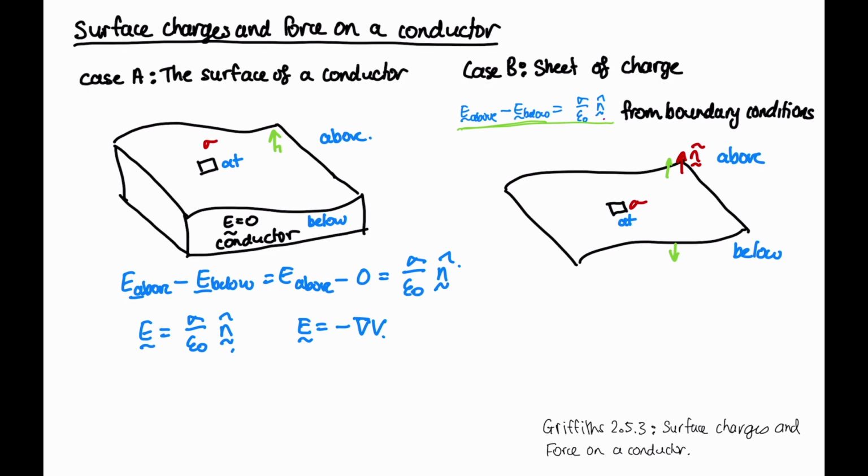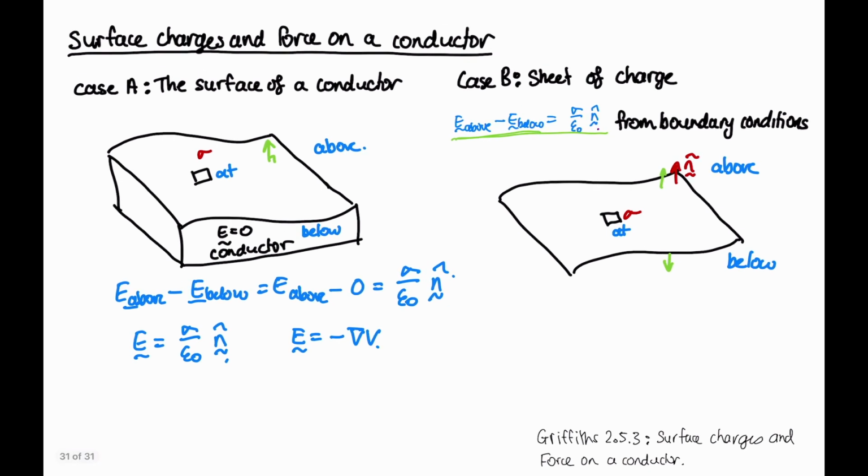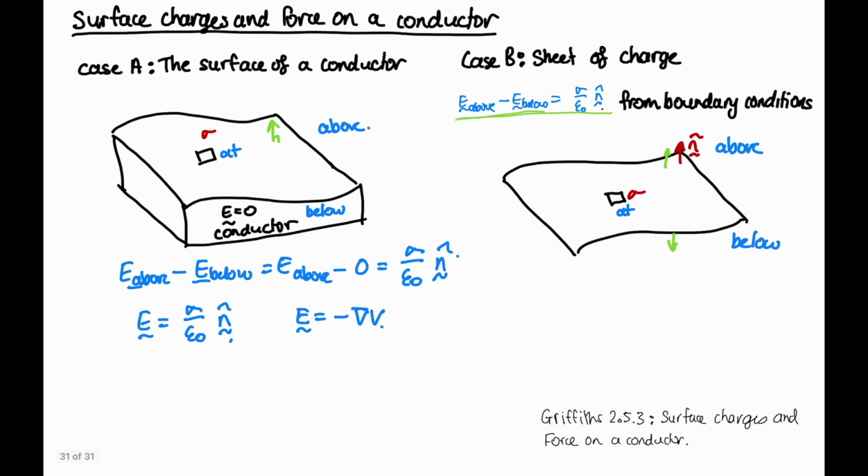So we can write sigma over epsilon naught is equal to minus dV/dn. Or we could write this, if we want, as sigma is equal to minus epsilon naught dV/dn. So those will be useful equations later.